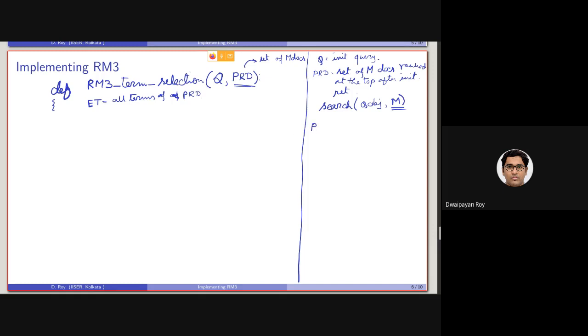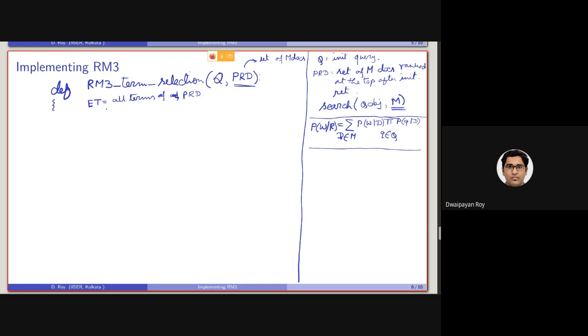Our ultimate target is to compute first P(w|R), which is summation over all D in M, probability of W given D, into product over all query terms, probability of Q given D. This is not the final target, but the first target. After that, we'll be using the linear interpolation here with the query likelihood model.